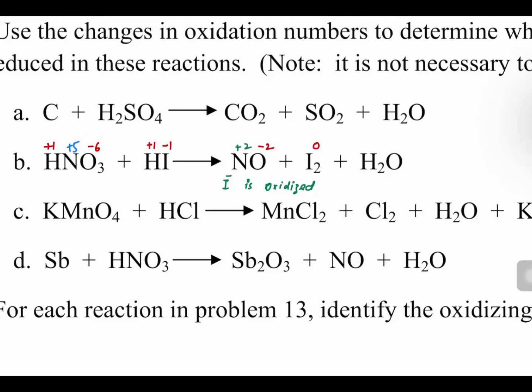So nitrogen is changing from +5 to +2. This is a decrease in charge, and a decrease in charge is reduction. So HNO3 is reduced. Is that clear for all of you?